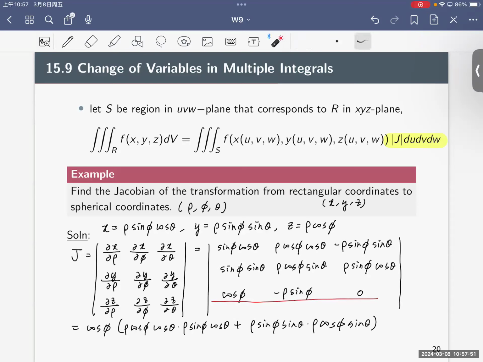Next I take the second element, with a negative sign, so negative makes a positive, times rho sine phi.